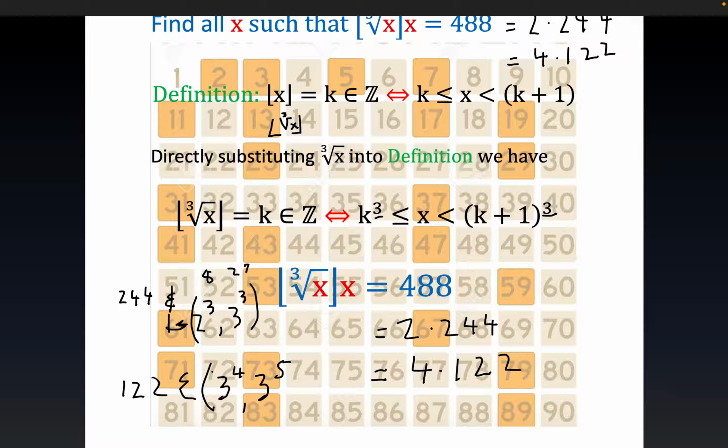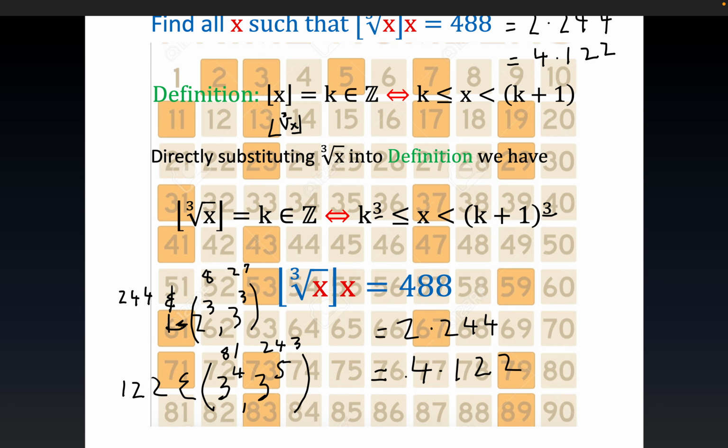This probably should really be a closed bracket here, but it's not important as far as the way this goes. So you see how our 122 is in this interval, so everything is satisfied right here.